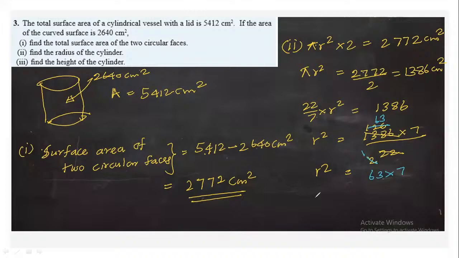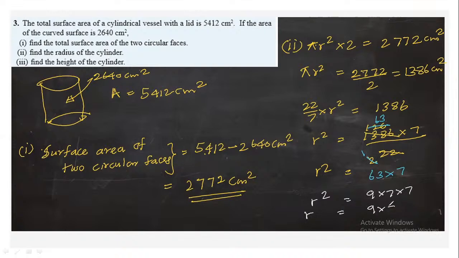Now look at these two numbers. We want to find r squared. I will split like this. 63 is 9 times 7, right? 9 into 7 into 7. Now it is easy to find the square root.